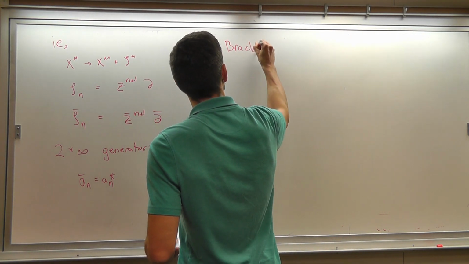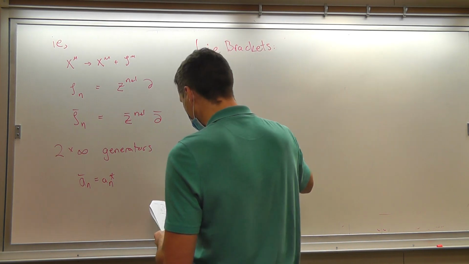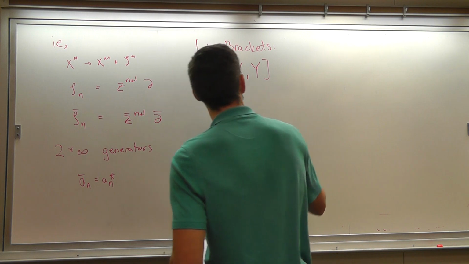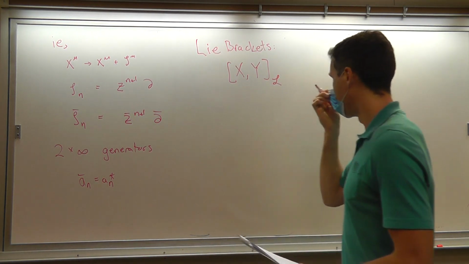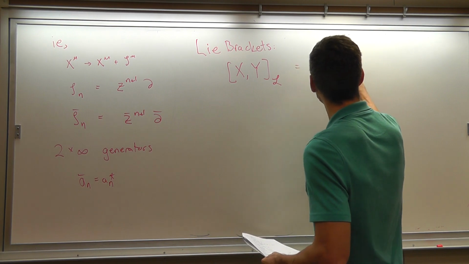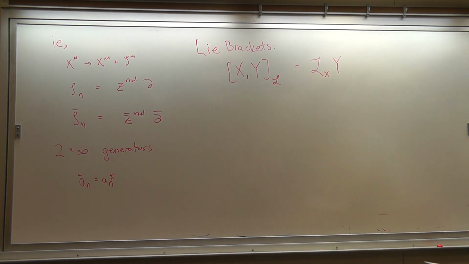To understand the algebra, let's start by looking at the Lie brackets. So a Lie bracket between 2 vector fields, x comma y, is the Lie derivative along x of the vector field y.